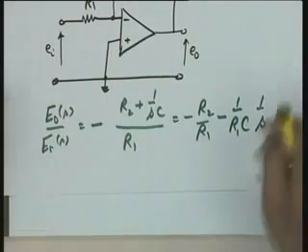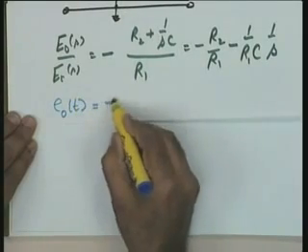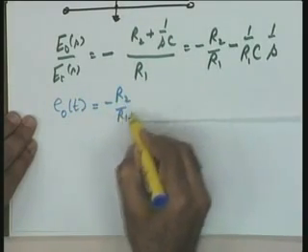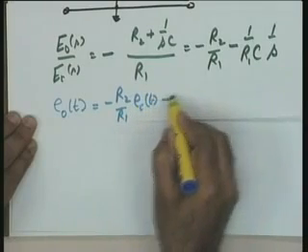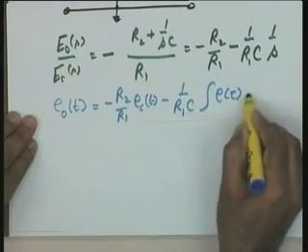I will like to look at this equation in a different way. For me, as far as the control system is concerned, it is a PI controller. Let us see how. Can I write this equation as E naught T equal to minus R2 by R1 EIT minus 1 by R1C integral of E tau d tau?